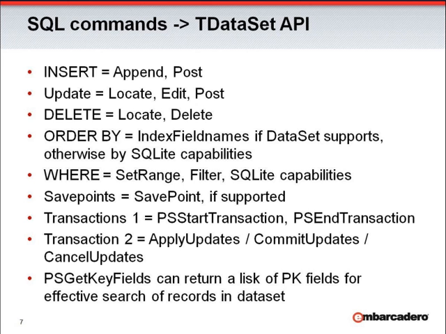Something similar is for where: it is translated into set range functionality, or to the use of the filter property, or if they are not supported, by means of SQLite's built-in internal capabilities.